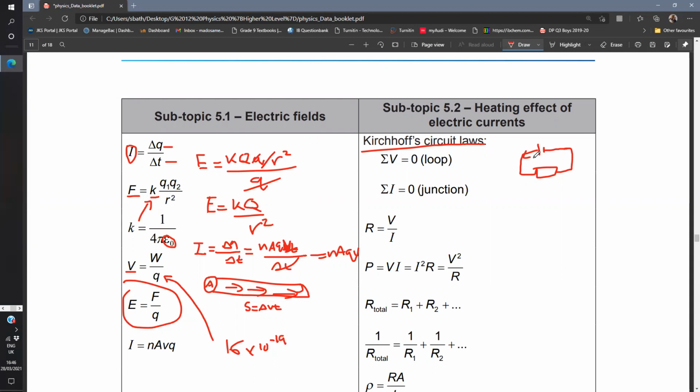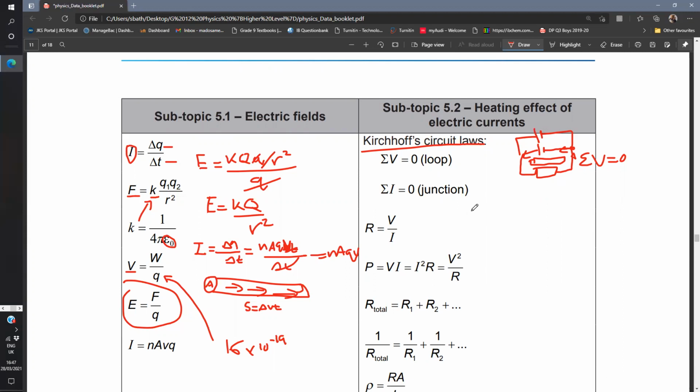So you basically draw a loop any way you want. In this loop, the summation of all the voltage is equal to 0. And at a specific junction, whatever goes in minus whatever goes out. Whatever goes in is going to be positive, whatever goes out is going to be negative. So usually this is when we deal with double loops like this. Whatever goes in and out should sum up to 0.